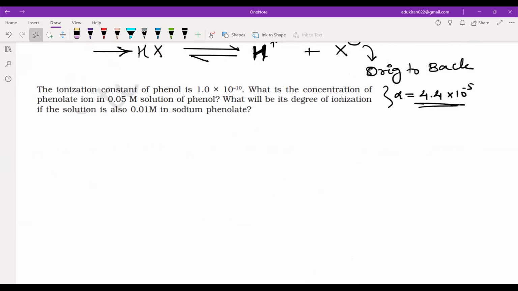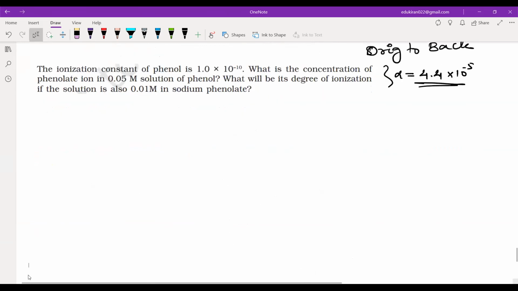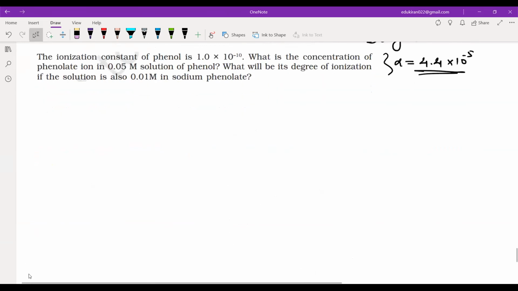Let us start doing the question. The ionization constant of phenol is this much. What is the concentration of phenolate ion in a 0.05 molar solution of phenol? And what will be its degree of ionization if the solution is also 0.01 molar in sodium phenolate?